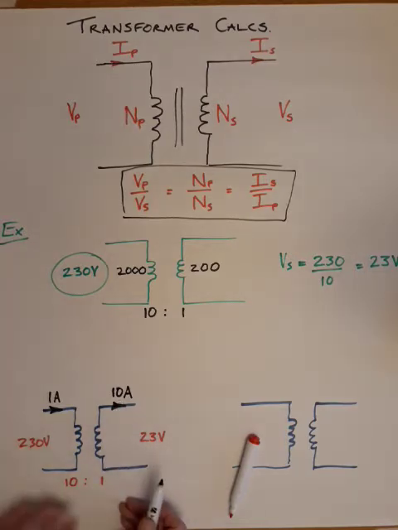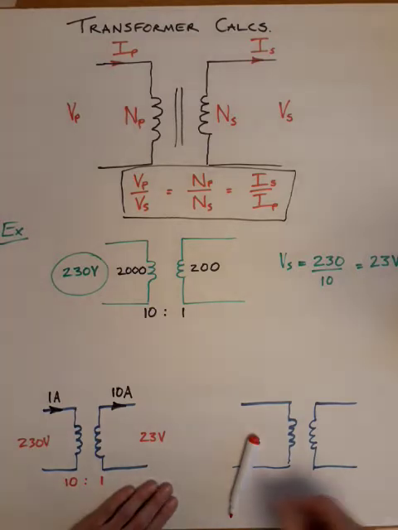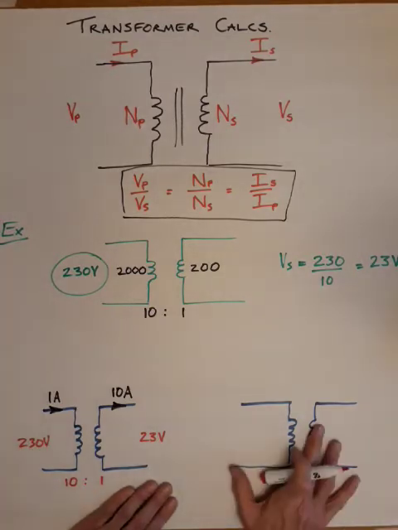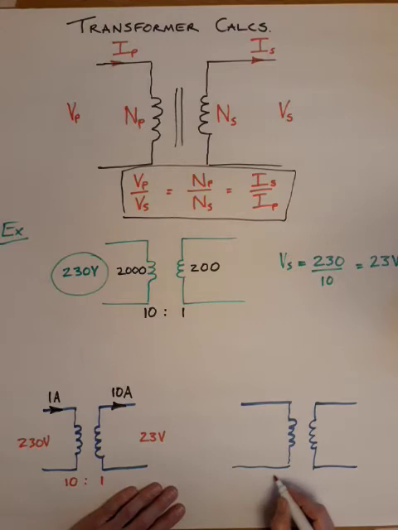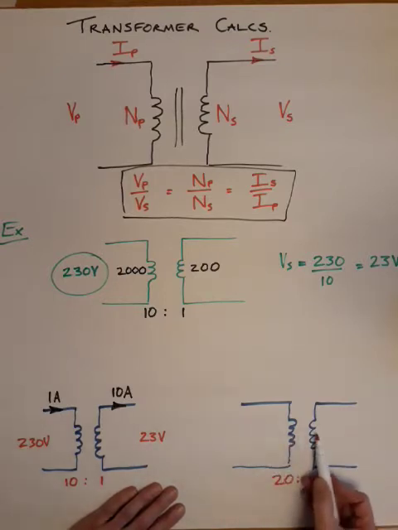Okay, let me do another example of that one. Let us suppose that on this transformer we have a ratio of 20:1. In other words, this side is 20 times bigger than this one in terms of turns and probably in terms of voltage too.